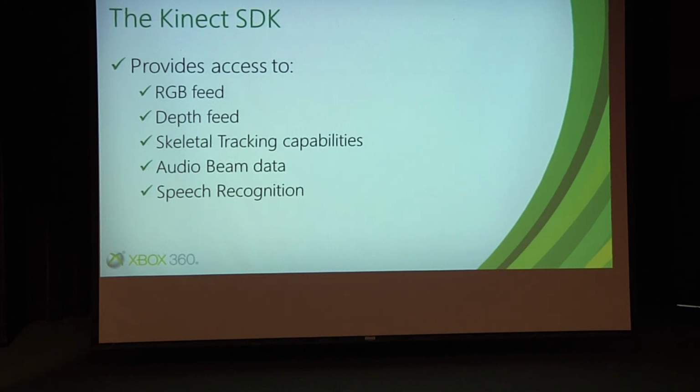Now, obviously, the skeletal feed is a processed feed, right? So what the Connect does inside is take the raw depth feed, and as Stuart mentioned, it analyzes it frame by frame, segments each frame to see if there are any human characters in the frame, and then for each human character in the frame, it segments it further into different body parts and different joints.